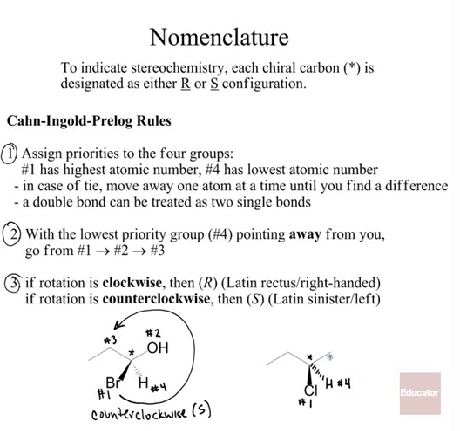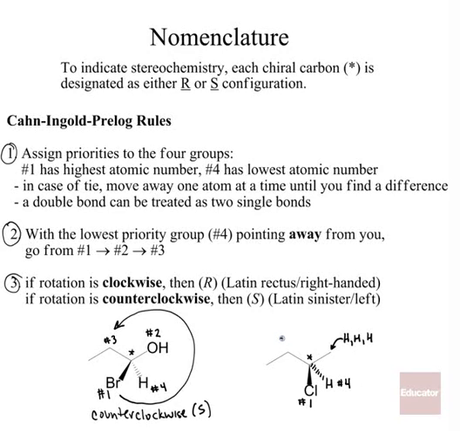But now we have a tie. Now we look back at our rules. We say in the case of a tie, we're going to move away just one atom at a time until we find a difference. So let's ask this. What 3 groups are attached to this carbon? I know it's attached to the chiral carbon. What are the other 3 bonds? Well, it's just a CH3, isn't it? So we have a hydrogen and a hydrogen and a hydrogen attached.